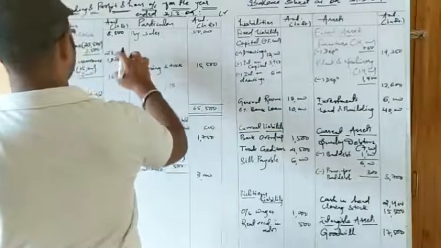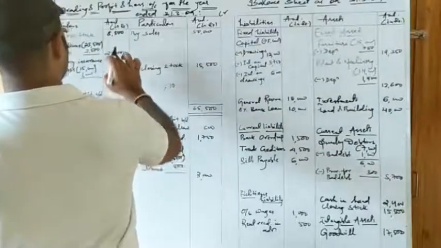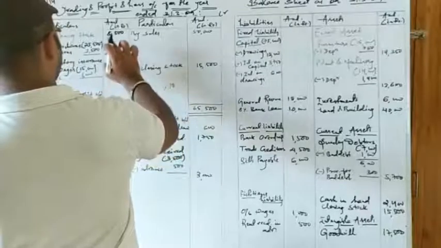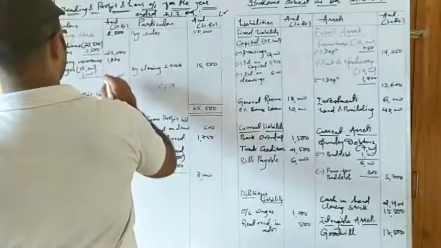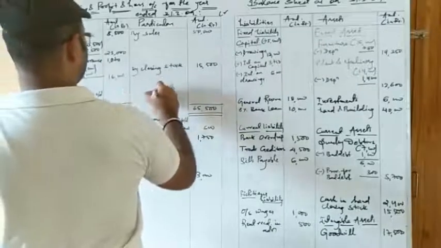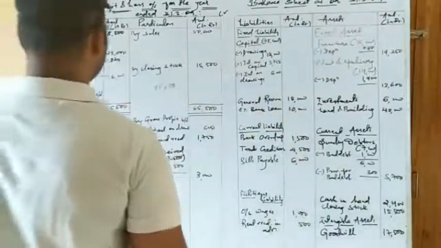Yes, 570. Okay. Now here is 1, 3, 4, 8, 12, 6, 18. 1, 2, 4. 48,570.